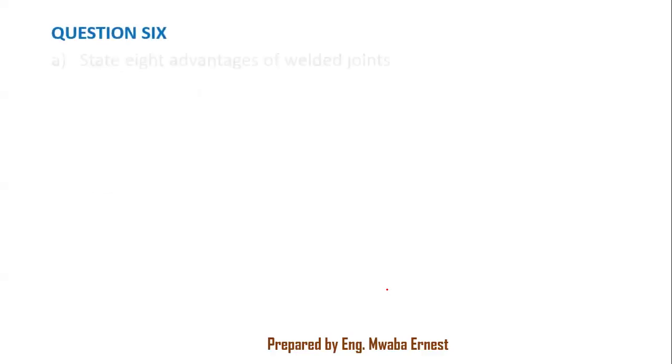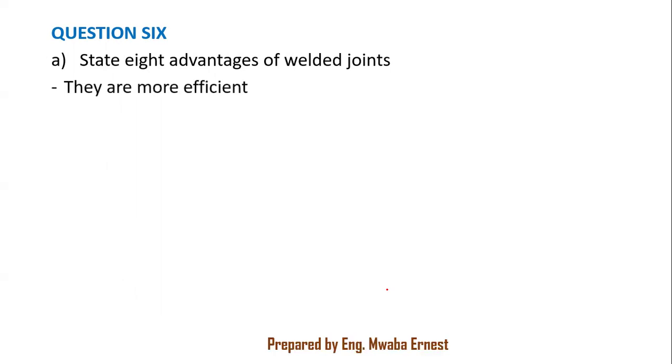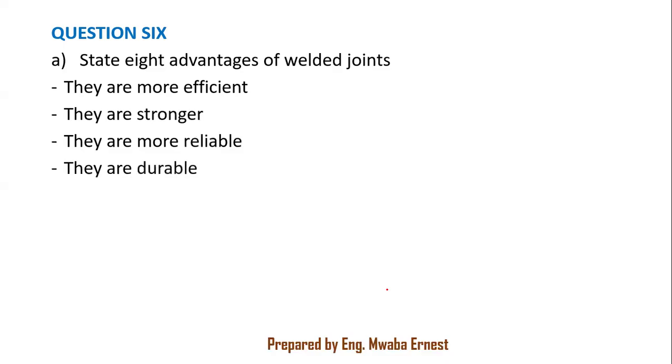Here's question number 6. State 8 advantages of welded joints. You can even go up to 10 or 20, but for the sake of this one, just sample 8. Such joints are welded better, they are more efficient, stronger and reliable.